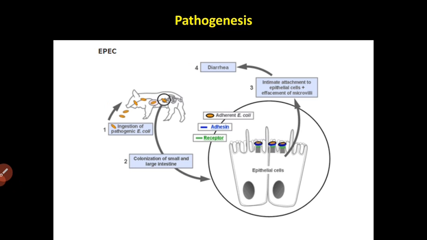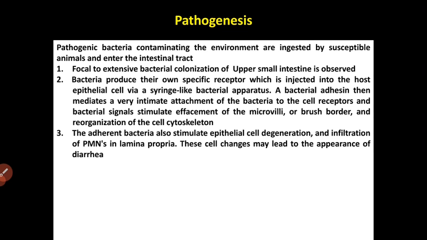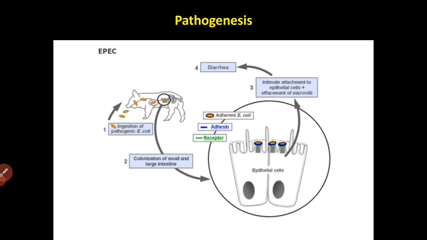Here you can see bacteria produce their own specific receptors. There's a change. Bacteria produce their own specific receptor which is injected into the host epithelial cell via a syringe-like bacterial apparatus. Here you can see a syringe-like apparatus.